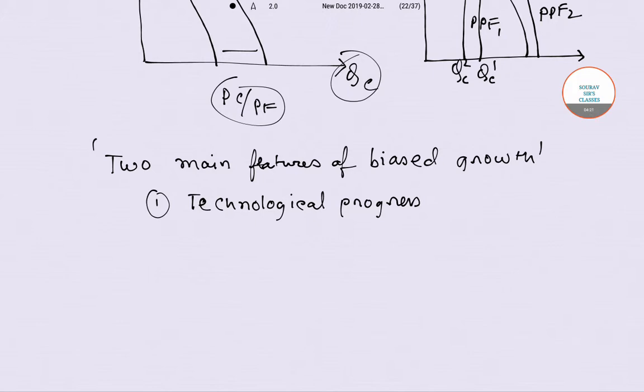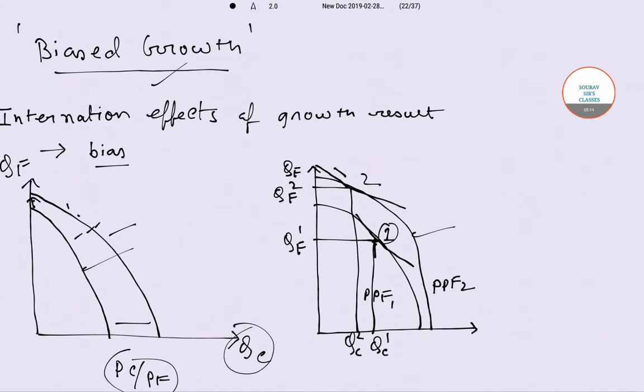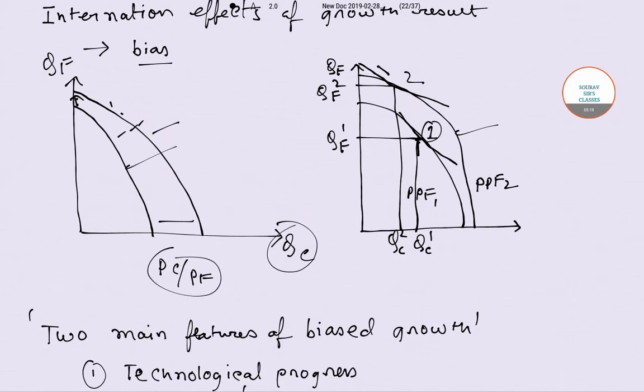In the Ricardian model, technological progress in one sector of the economy will expand the production possibilities more in the direction of that sector's output than in the direction of the other sector's output. So this can be one reason for biased growth.